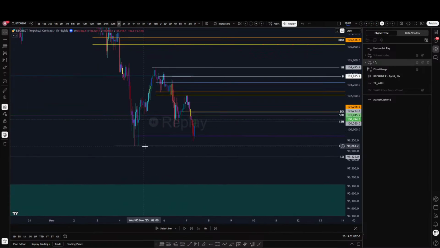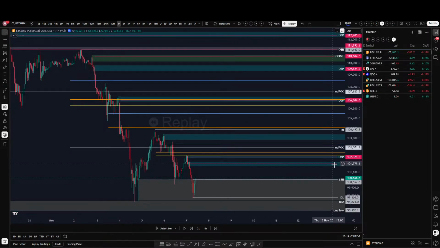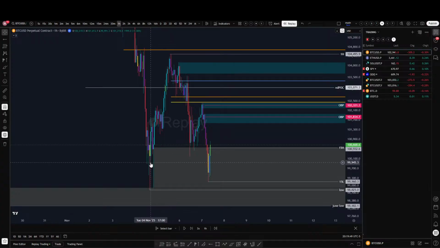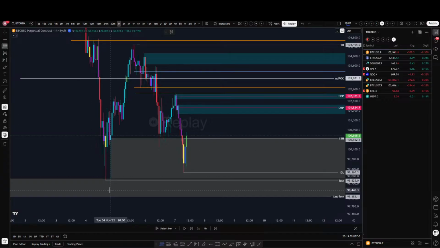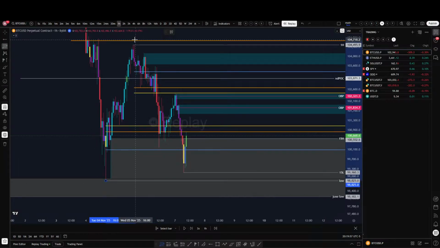Oh, that was the low. We had the fib right here, the 886. So we were bouncing from the 886, from the low that we made here on November 4th, which is Tuesday. So we bounced from the 886.